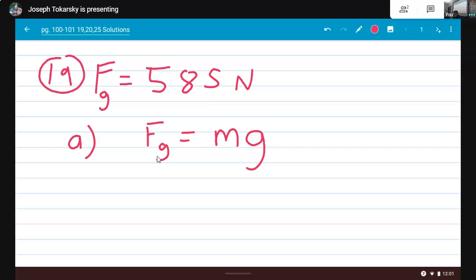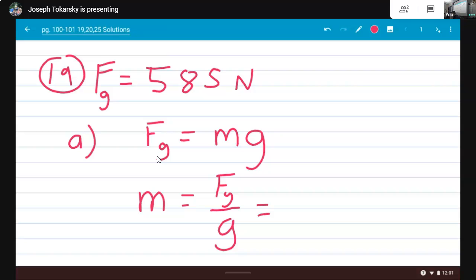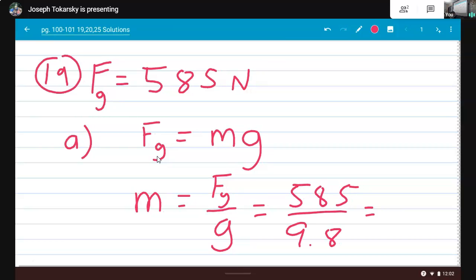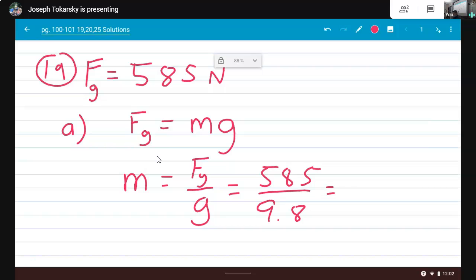So the first part was just using this formula to solve for m, and that will be the weight over little g on Earth. And that's going to be 585 divided by 9.8. And remember we said the other day, when solely using the weight mass equation, we typically just use the magnitude of little g, 9.8.